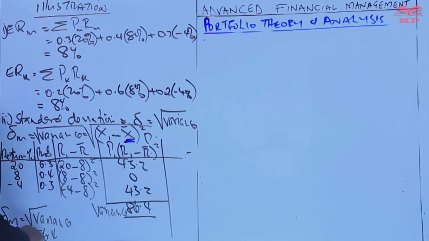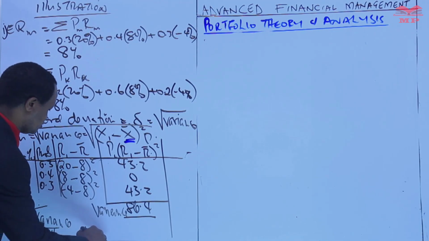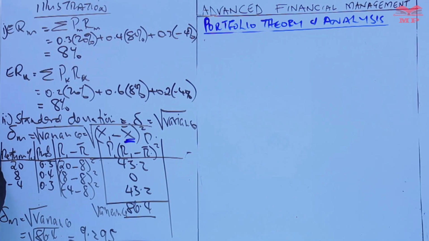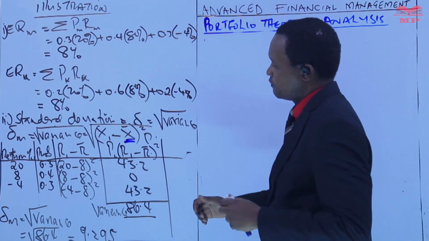We get the square root of 86.4. That gives us the standard deviation for security M. How much is it? 9.295 is the standard deviation for security M.